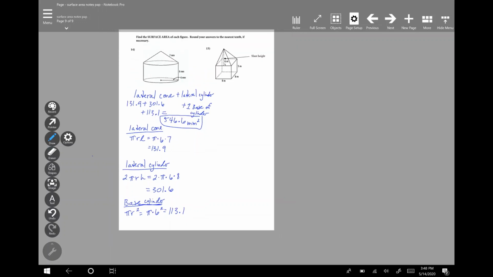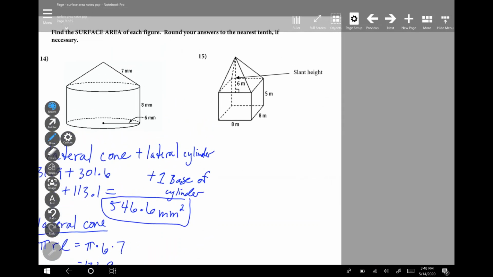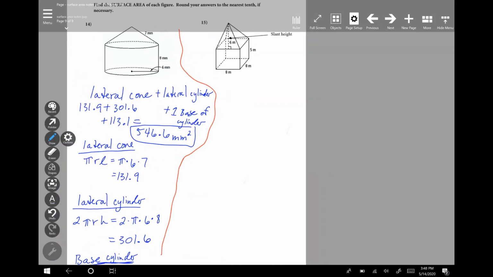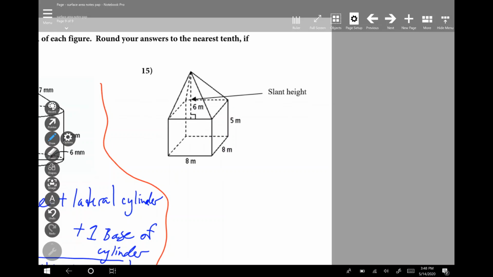All right, now the next popular composite figure here is a pyramid sitting on top of a rectangular prism. Okay, so the pyramid, let's look first here.